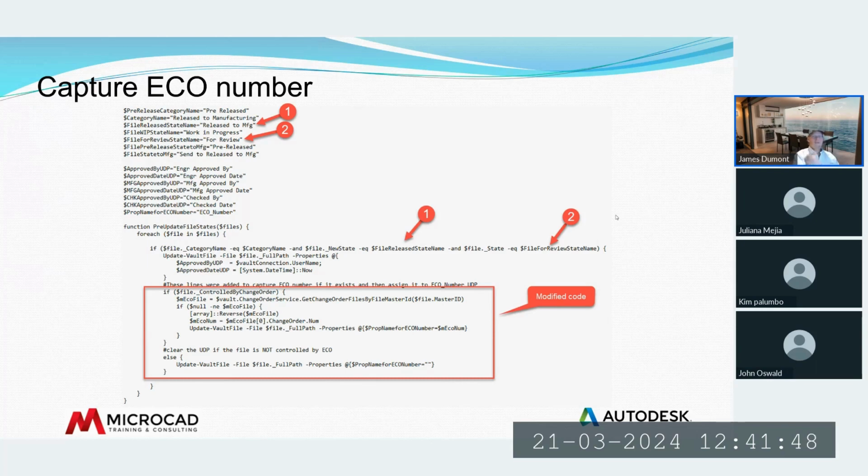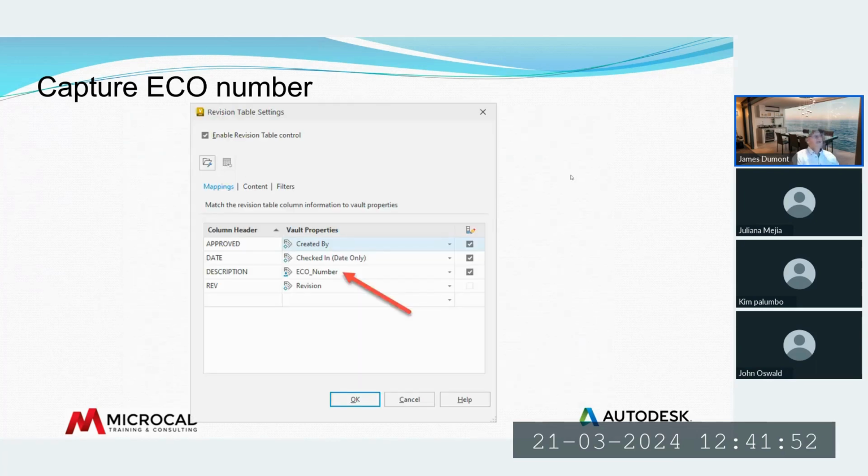Now that it's in the property, as you saw over here, my revision table. Now this is the one thing that doesn't work in Item Master. This only works with file management. The ECO number is mapped to the description of the rev history. So as long as I get that number in there somehow, my revision history will be updated automatically with the ECO number.